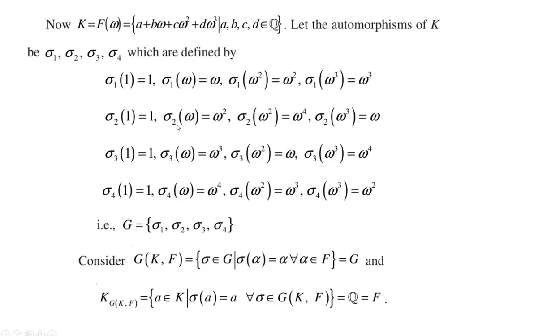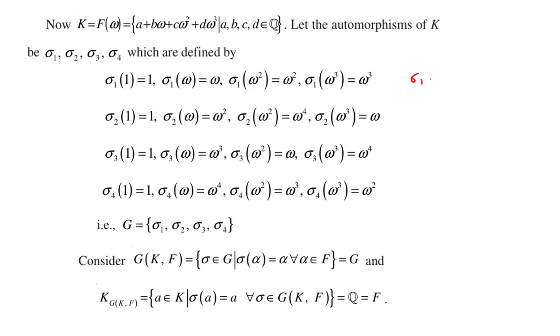And if you have sigma 2 of omega to be omega square, then sigma 2 of omega square will be sigma 2 omega squared, which is omega power 4. And the same way sigma 2 of omega cube you can obtain, and that will involve omega power 4 into omega square. See, it is like this.